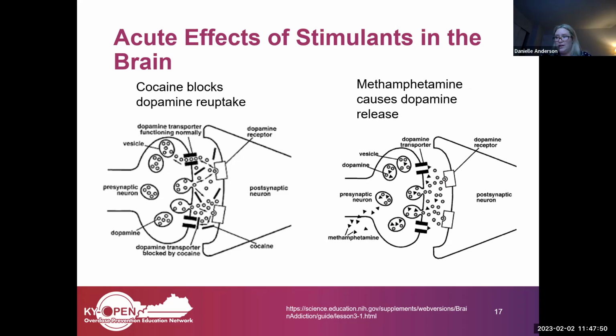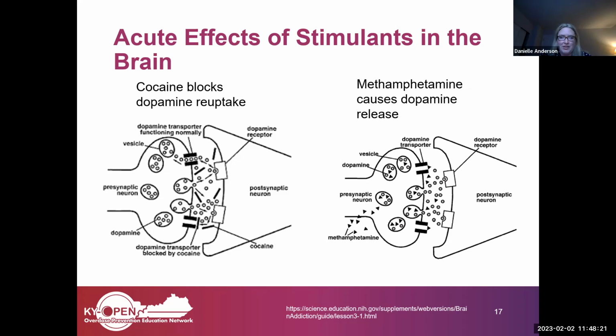Let's take a look at how stimulants work in the brain at the level of neurons. Dopamine is typically released from the presynaptic neuron, the neurons on the left, into the synapse when something pleasurable happens. Then it interacts with the receptor on the postsynaptic neuron. Dopamine is then taken back up into a storage area in the presynaptic neuron by the dopamine transporter.